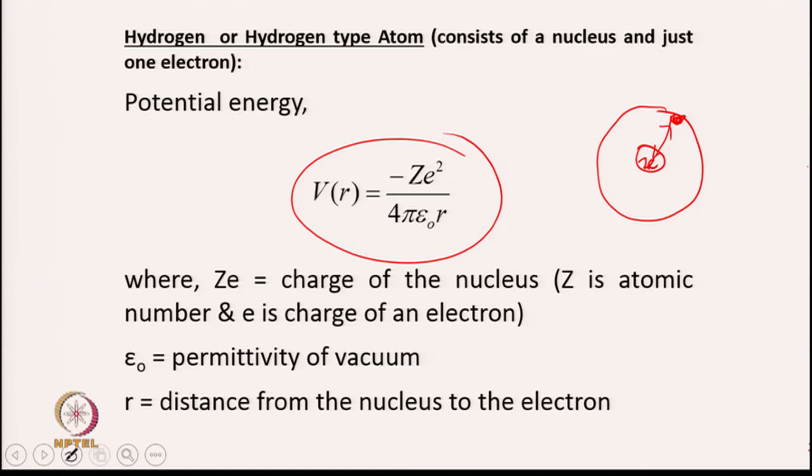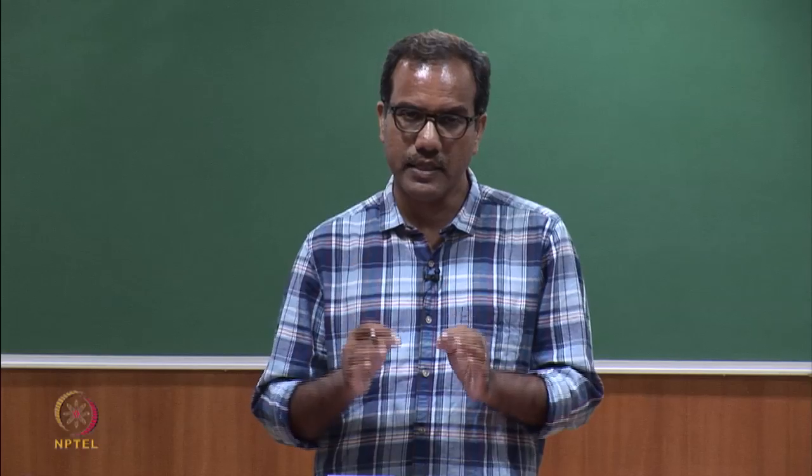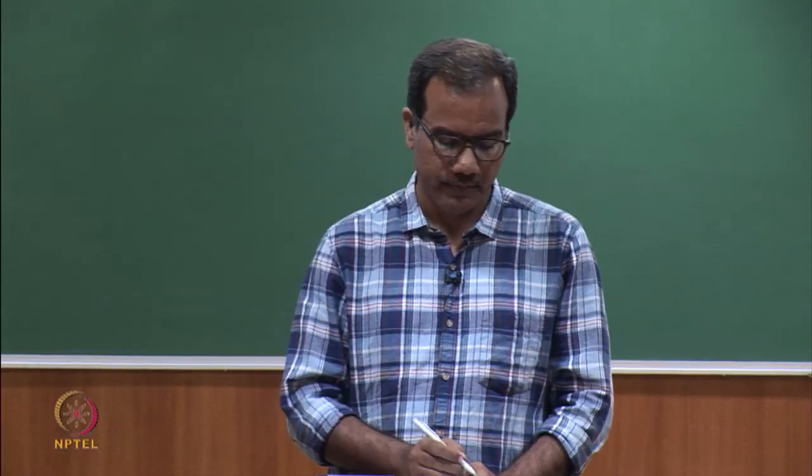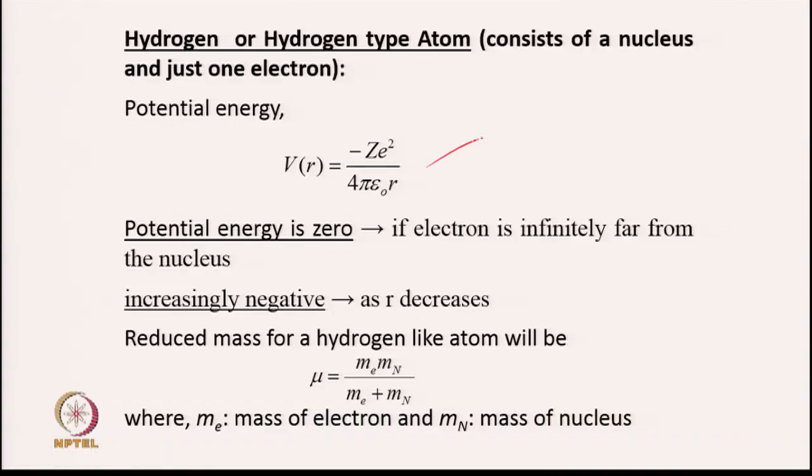Here Z is 1 since we are talking about a hydrogen atom, but Z is generally written as the charge of the nucleus. Epsilon naught is the permittivity of the vacuum, and r is the distance of the electron from the nucleus. So, potential energy is given by this equation. If r is infinity, the potential energy is 0. If r decreases, this becomes increasingly more negative.